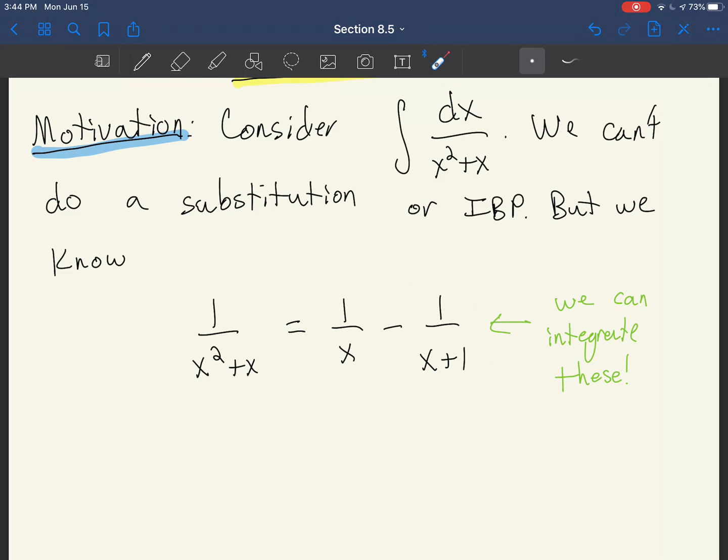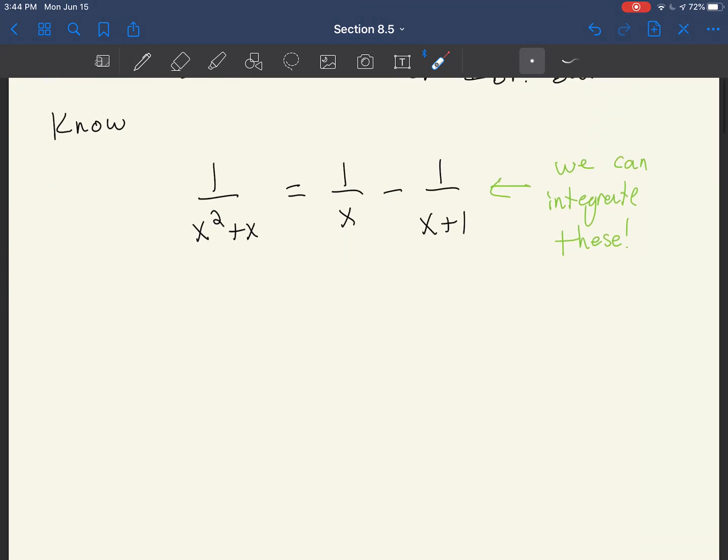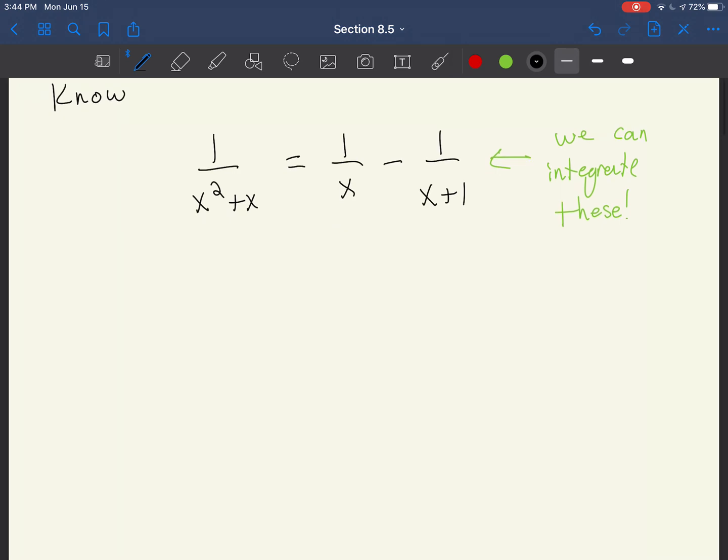So if you wanted to combine these, you'd get a common denominator. So you'd get x times x plus 1, which is x squared plus x. So you multiply this one by x plus 1 over x plus 1. Multiply this one by x over x. You then have x plus 1 minus x, which will just give you the 1 in the numerator.